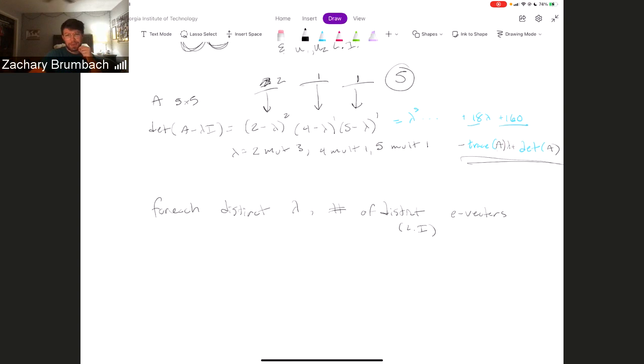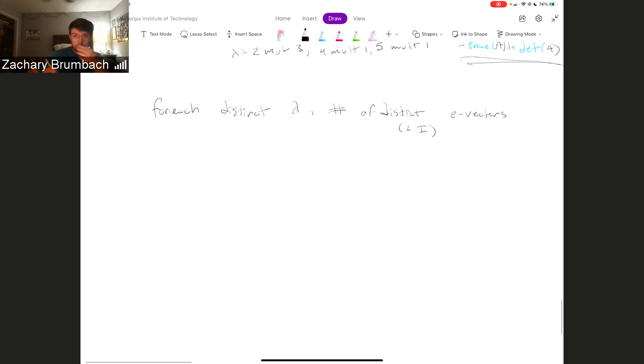They're probably not going to ask you about that, but you can't have more eigenvectors than the multiplicity of the eigenvalue. The technical written form is n is greater than or equal to algebraic multiplicity, which is greater than or equal to geometric multiplicity, which is always strictly greater than 0.